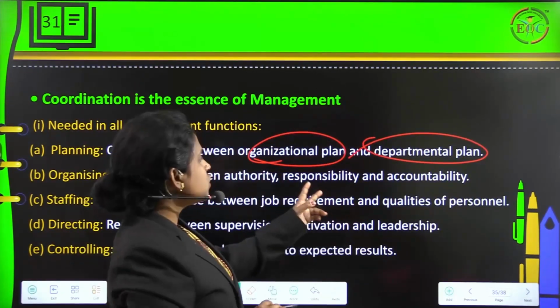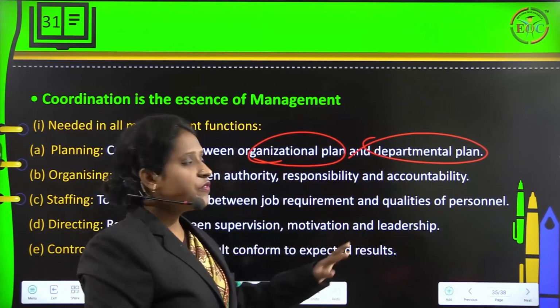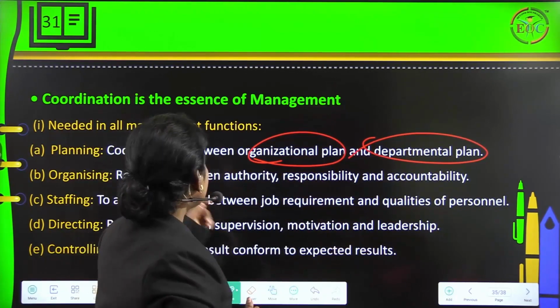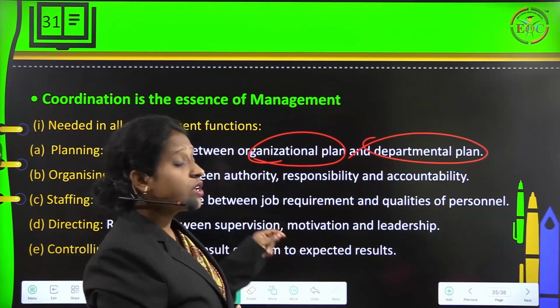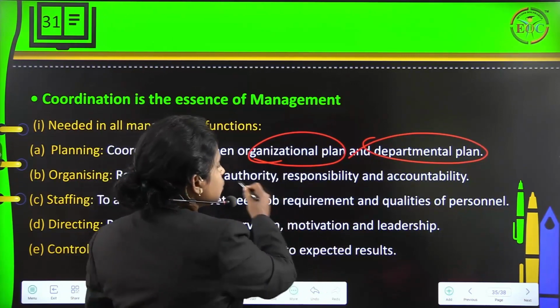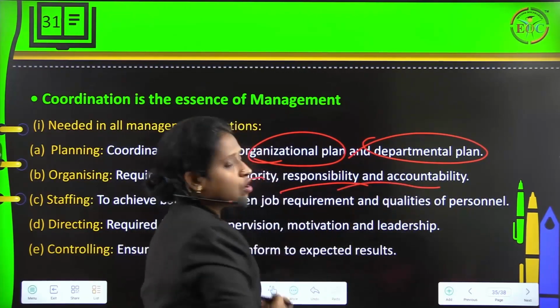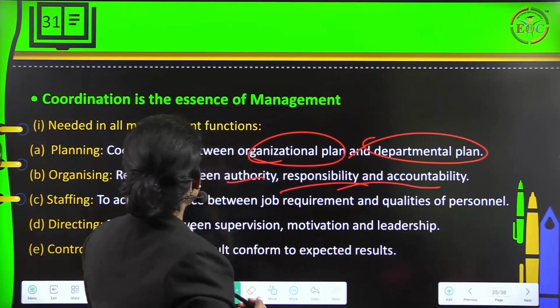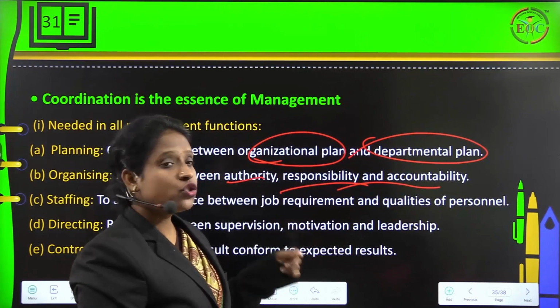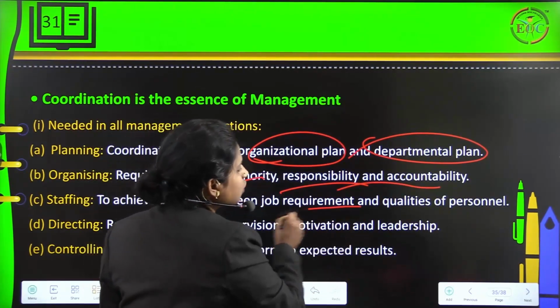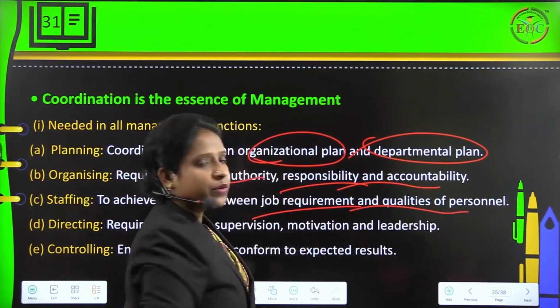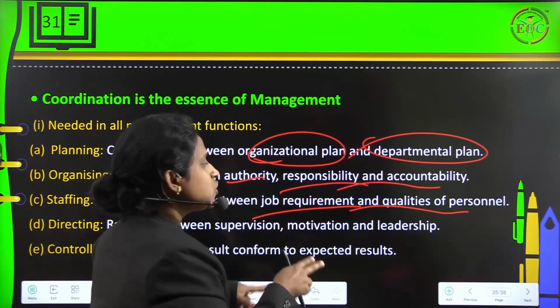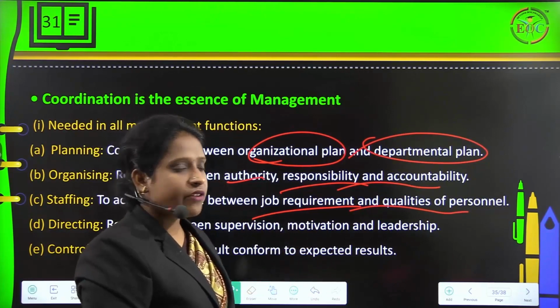If there is coordination between these two things, then obviously everything will be fine. Then organizing is what? Organizing is required between authority, responsibility and accountability. Fine. Then staffing is to what? Staffing is to balance between job requirement and qualities of personnel. So balancing these two things is what we call staffing.